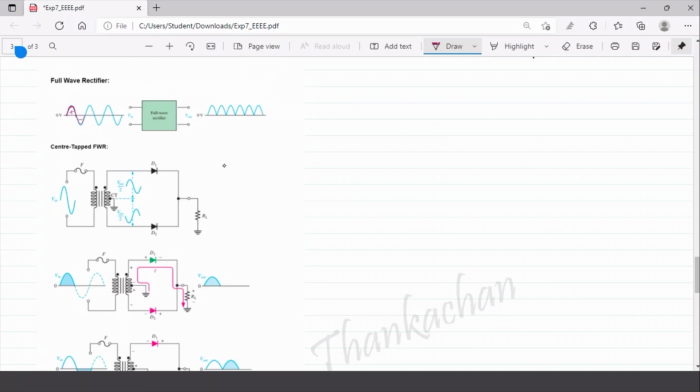For a full wave rectification, the positive half will come at the output, and the negative half also comes at the output as a positive quantity, and so on. So you can see here this is the waveform.